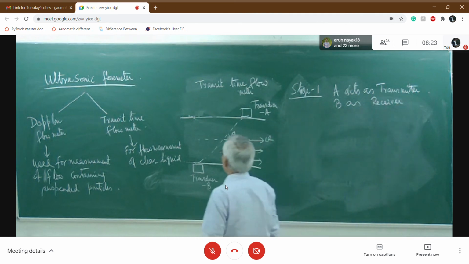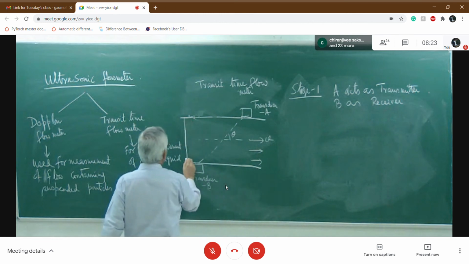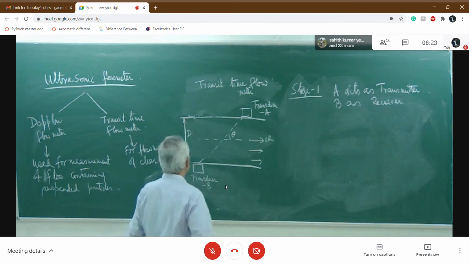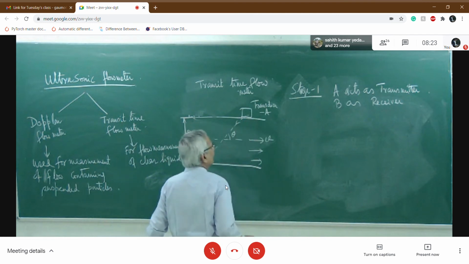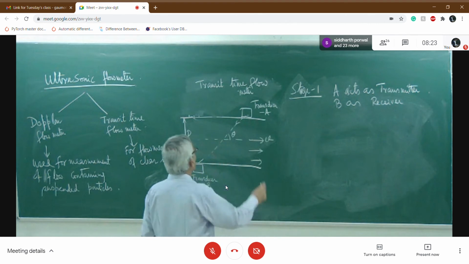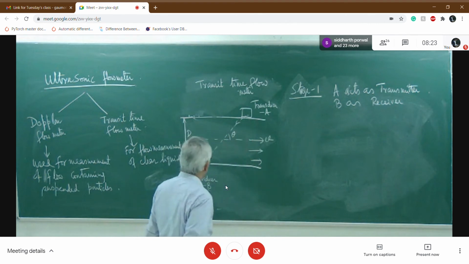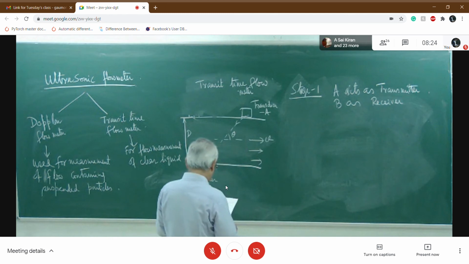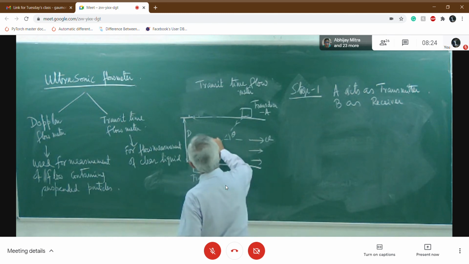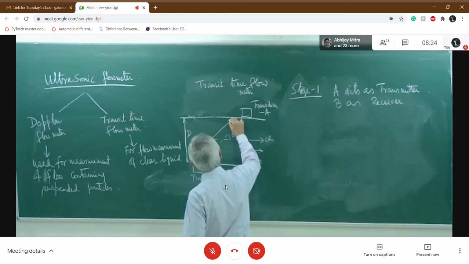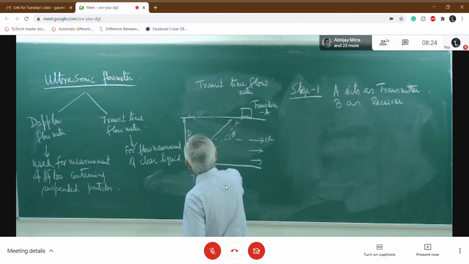Say suppose I have a pipe diameter of D, A is acting as a transmitter and B as a receiver. This is our L, the path length.